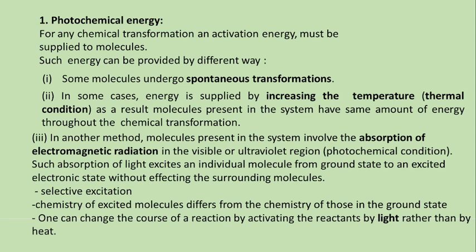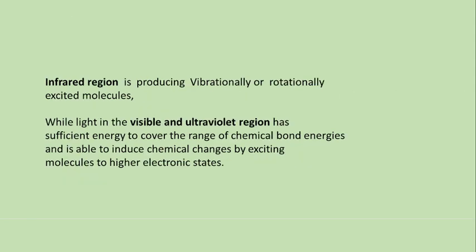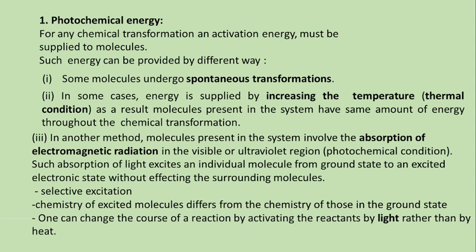Such excitations are selective. The chemistry of an excited molecule differs from the chemistry of those in the ground state. One can change the course of a reaction by activating the reactants by light rather than by heat.